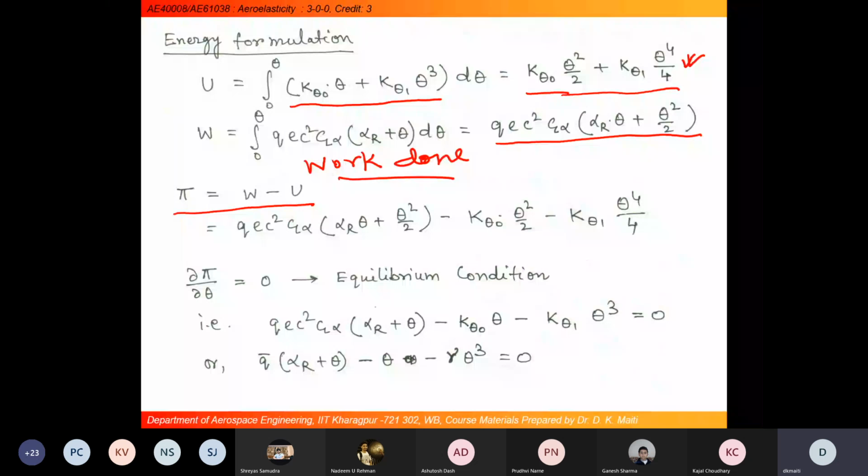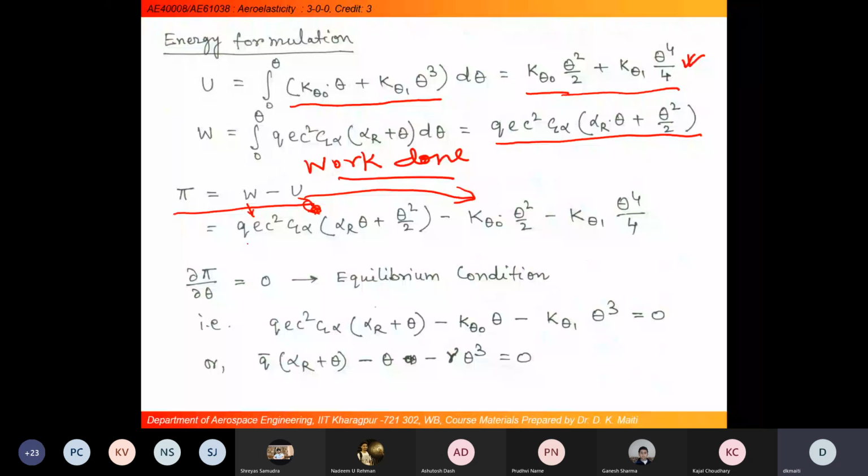Substituting the equation, we get q e c square cell alpha multiplied by alpha r into theta plus theta square by 2, minus k theta naught into theta square by 2, and similarly minus k theta 1 theta to the power 4 by 4. This is the expression finally we are getting for the total potential energy.